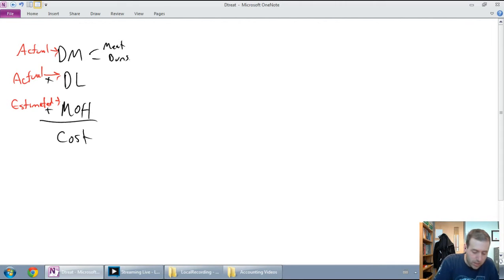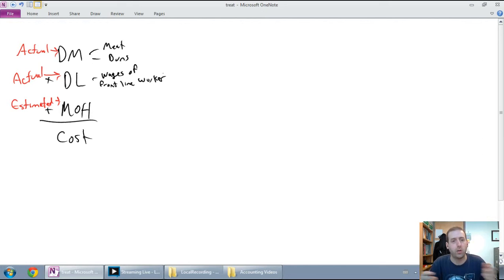The direct labor is the cost of the wages of the person who actually prepared the burger. It's not the wages of the shift supervisor, it's not the wages of the manager, it's the wages of the person who prepared the burger. So wages of, I'll call it front line worker. And that's the guy who made the burger.